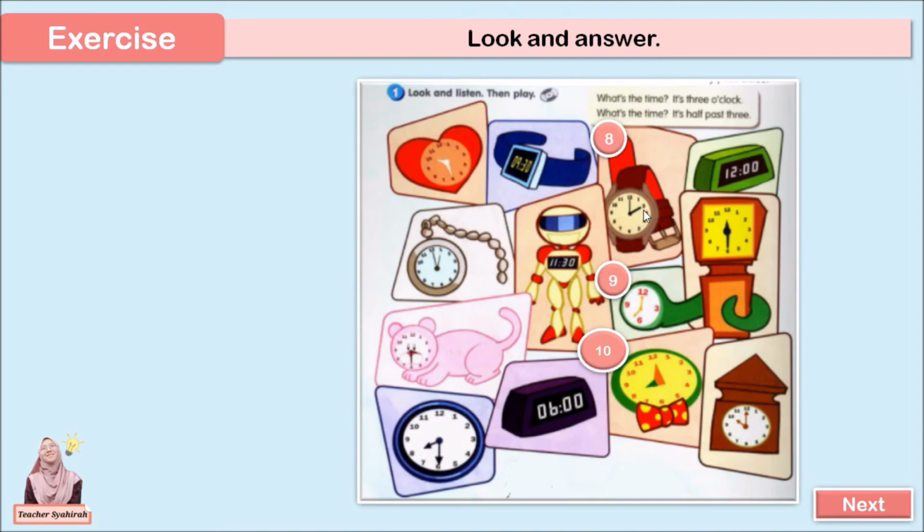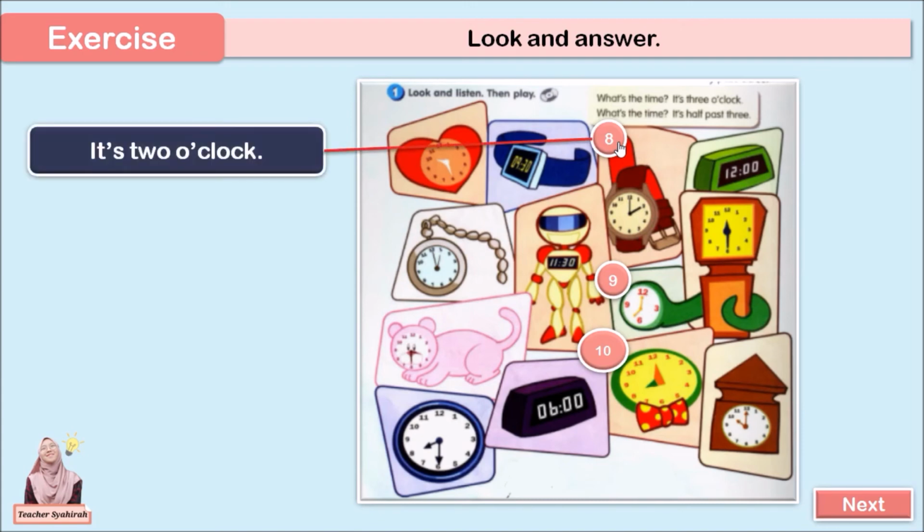What time is it? Look at the shorter hand, it shows at number 2. And then the longer one shows at 12. So what time is it? How do you read the time? It's 2 o'clock. And then the next one, look at the arrow, look at the shorter hand. There's no number here, but what is the number after 6? 7.